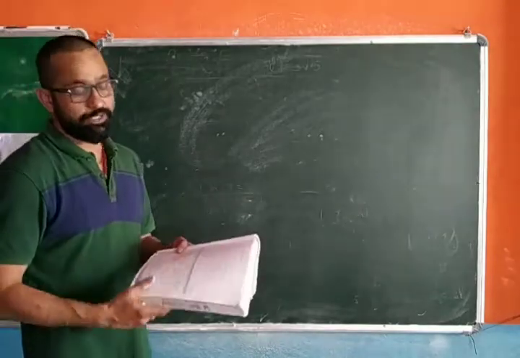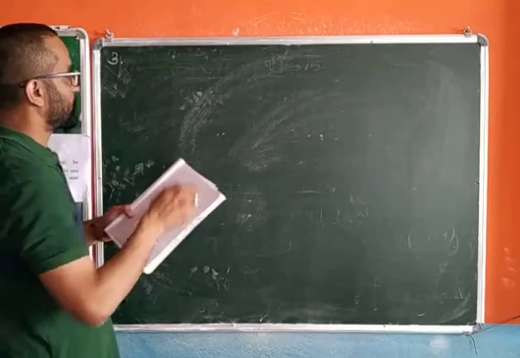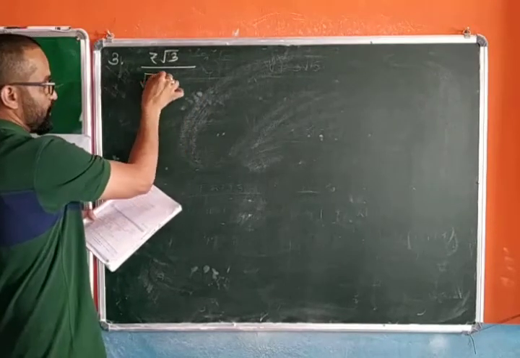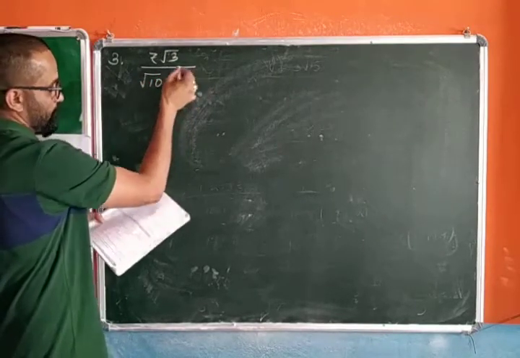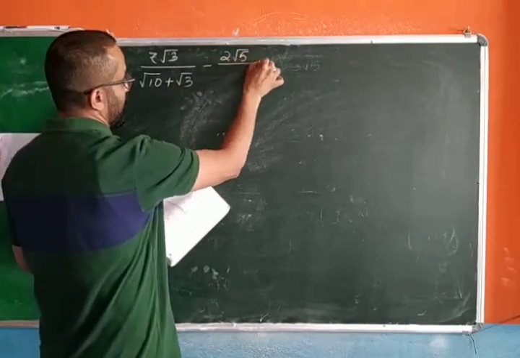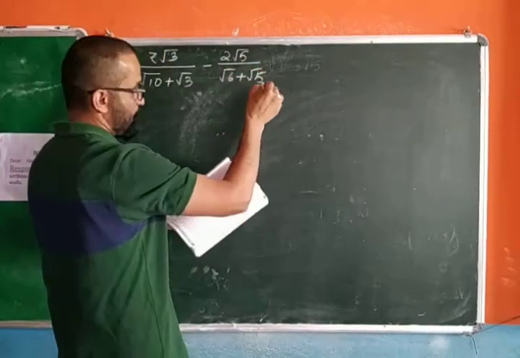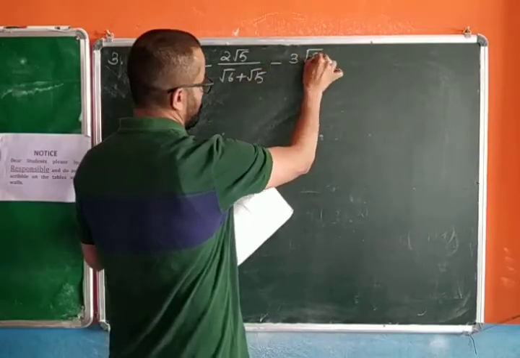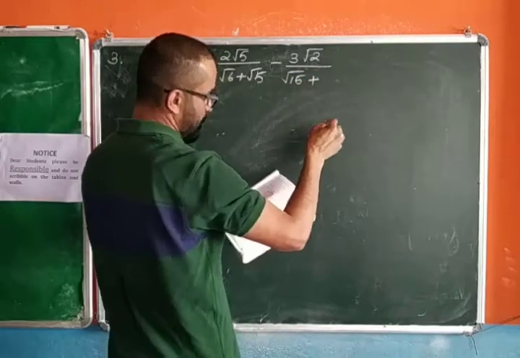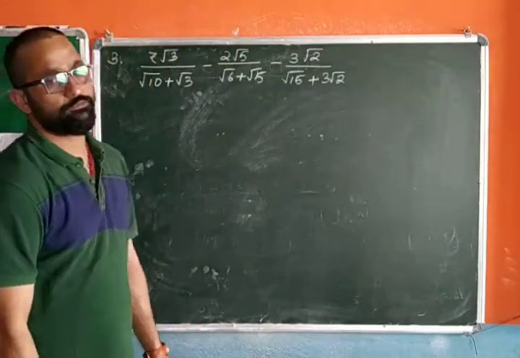The question says simplify the following: 7√3 divided by (√10 + √3), minus 2√5 divided by (√6 + √5), minus 3√2 divided by (√15 + 3√2).